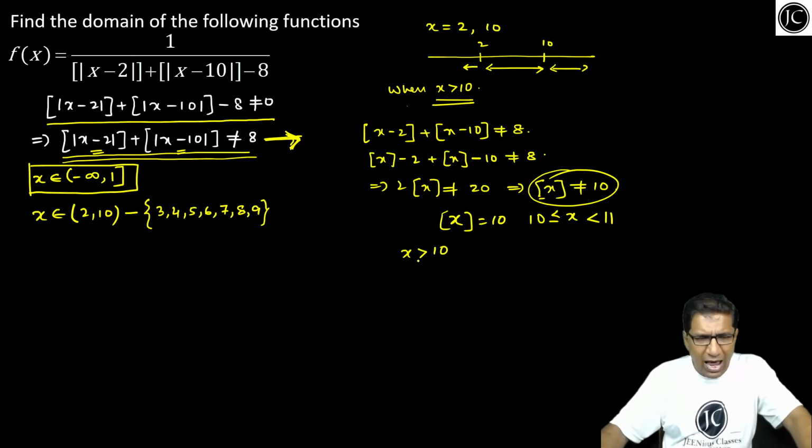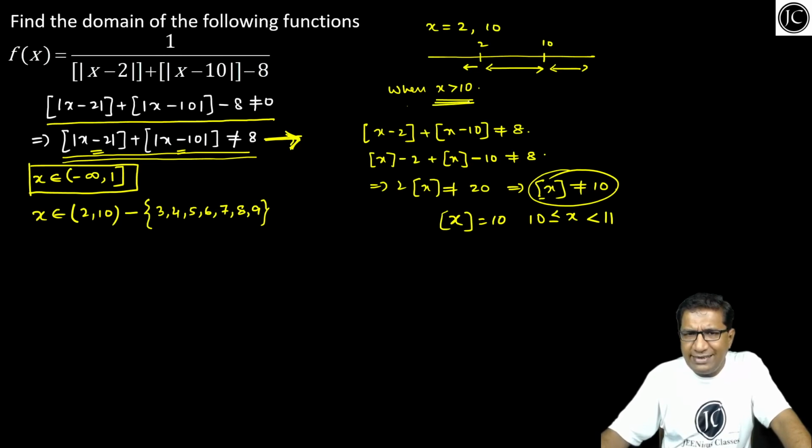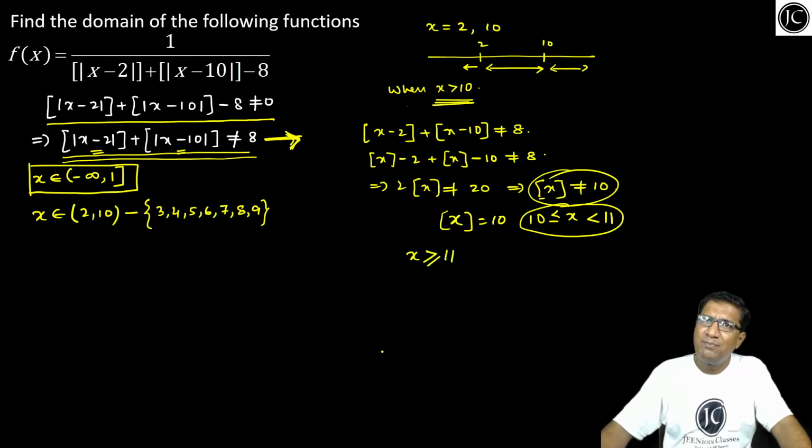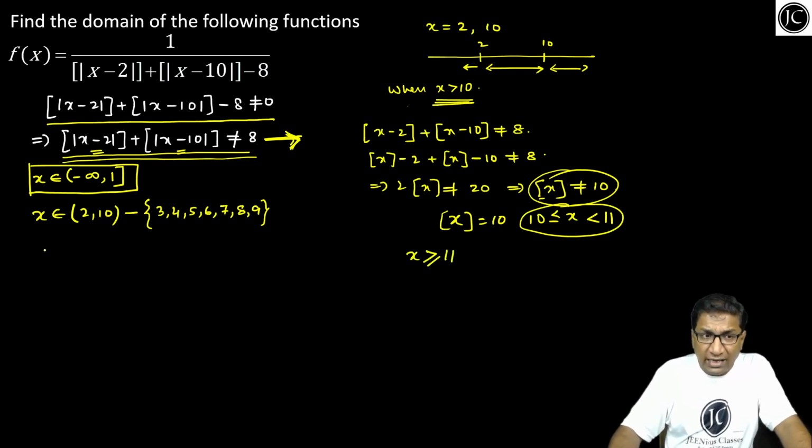But I can write in this way. x is greater than 10, and at the same time you are saying that x is not lying between 10 and 11. So in other words, we can say that your x is greater than or equals to 11. Right? So from the third case, we got that x belongs to from 11 till infinity.